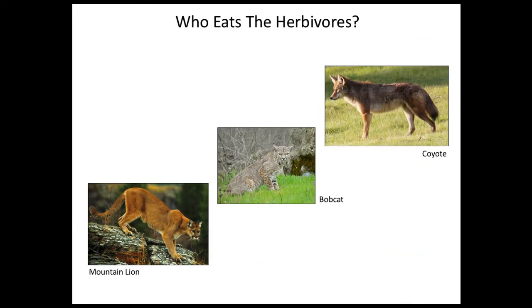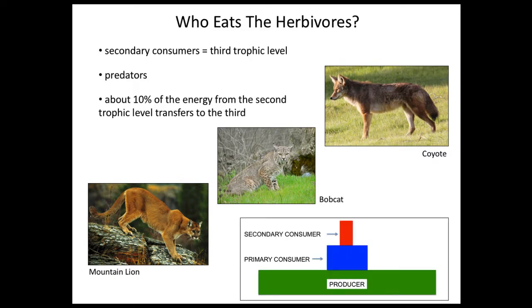Who eats the herbivores? The secondary consumers, which form our third trophic level. These are the predators. And around the College of San Mateo campus, we have mountain lions, bobcats, and coyotes. We rarely see them, though. They are very elusive. Also think about how energy is transferred from each level of the food web to the next.